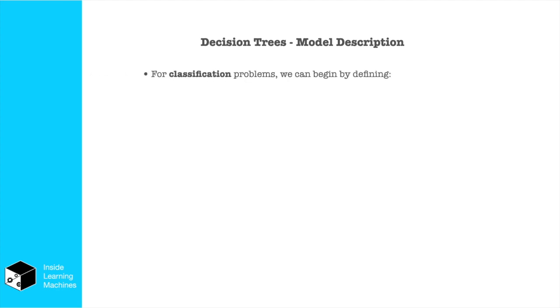Now, you noticed in the previous slide that we had this function IP, and I didn't talk about it too much. The reason for that is because IP depends on whether we are dealing with a classification or a regression problem. So first, let's look at the classification case.